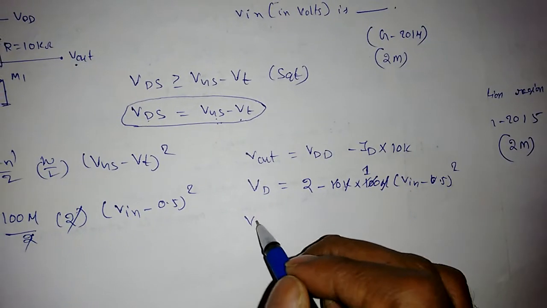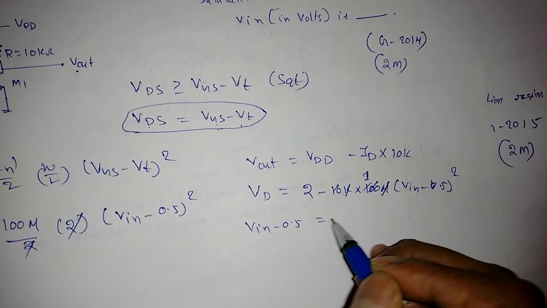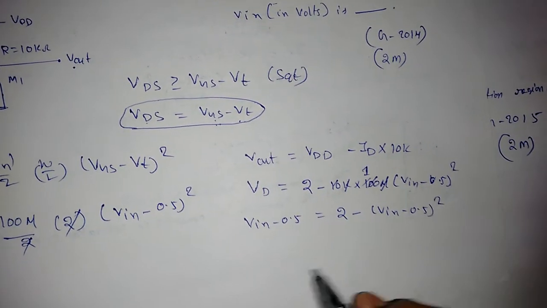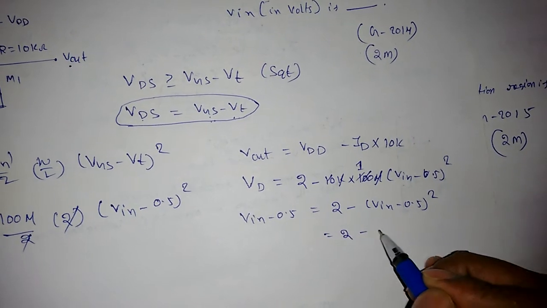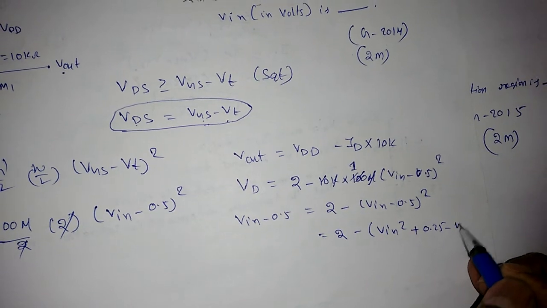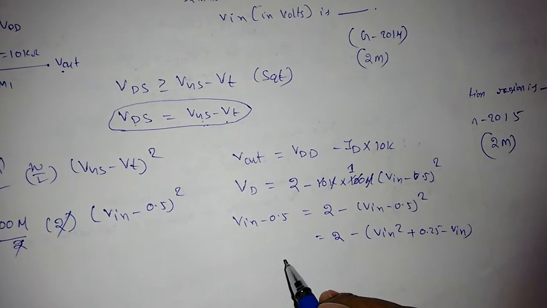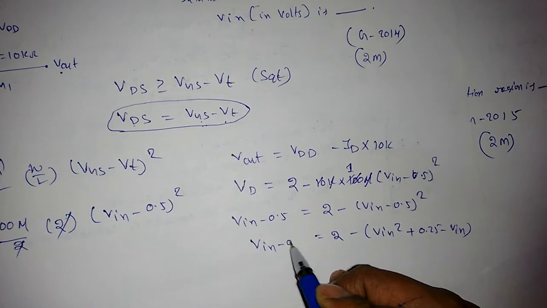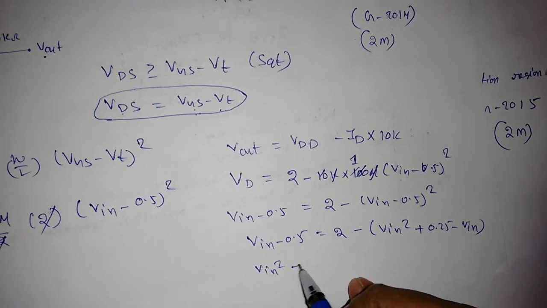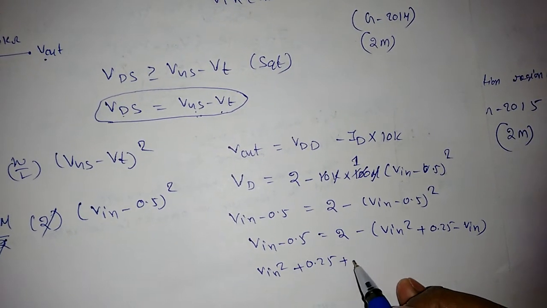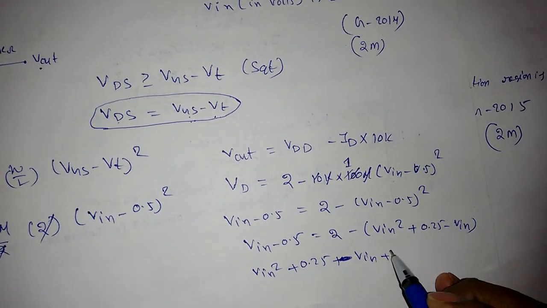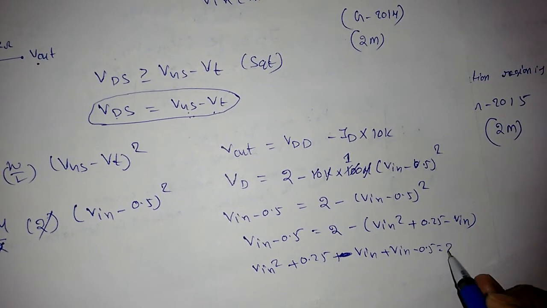So I can take Vin minus 0.5 is equal to 2 minus (Vin minus 0.5) square. If I expand this using the (A minus B) whole square formula, 2 minus Vin square plus 0.25 minus Vin. So Vin square plus 0.25 plus, so it will become minus Vin plus Vin minus 0.5 equal to 2.